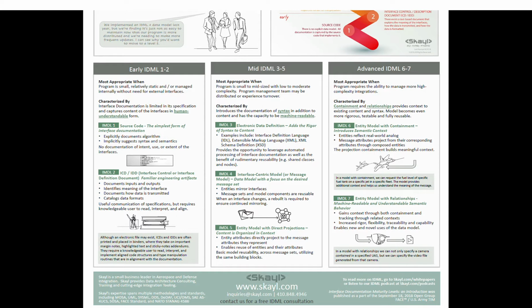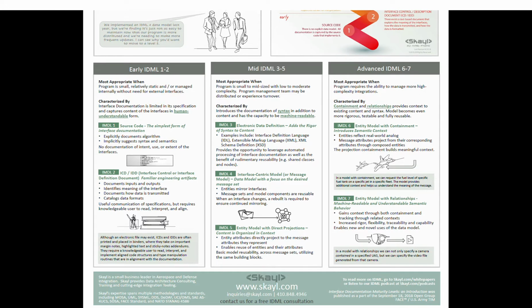Okay, IDML levels 1 and 2. Essentially, these early maturity levels are most appropriate when the program is small, there's relatively little change or turnover, and it doesn't require external interfaces. The most basic forms of interface documentation are characterized by these early maturity levels, and essentially interface documentation is limited in its specification.